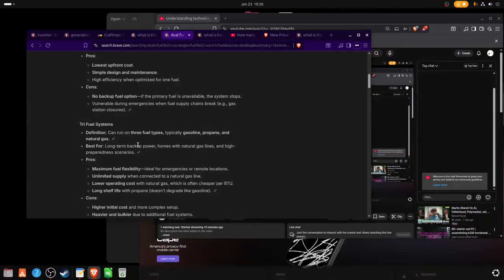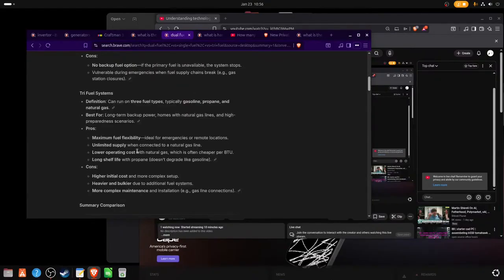Tri-fuel systems can run on three fuel types, typically gasoline, propane, and natural gas. Best for long-term backup power, homes with natural gas lines, and high preparedness scenarios. Pros: maximum fuel flexibility, ideal for emergencies or remote locations.